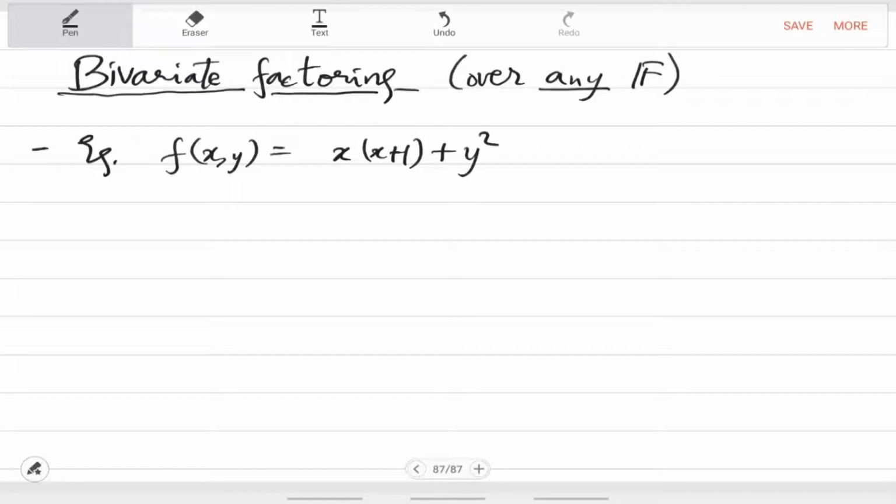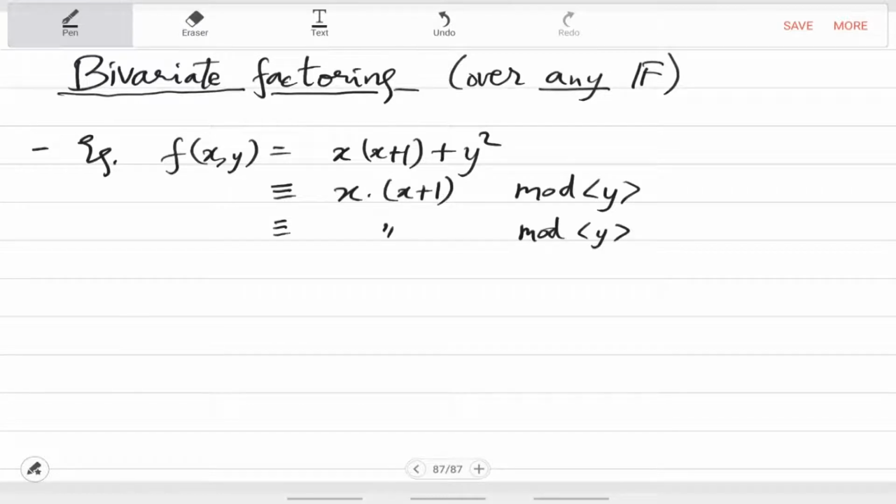And then you go to mod y to the 8 and so on. So how does it work? So first you get x times x plus 1 mod y ideal, then the same thing mod y square, and mod y4, what do you get?